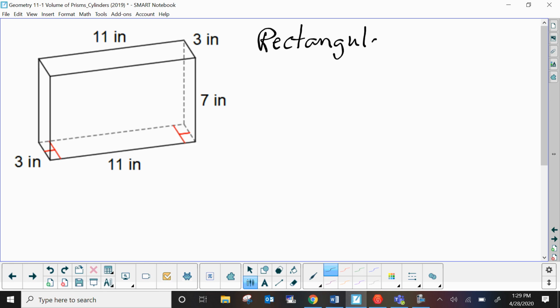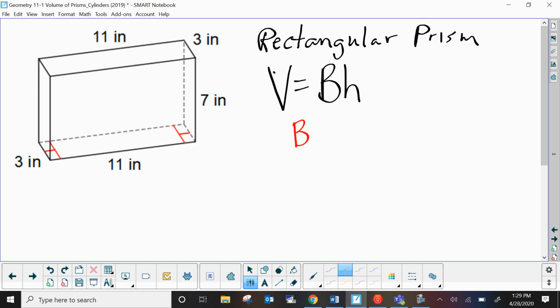So pause this and go ahead and draw the picture before we get moving on it. Once you're done drawing the picture, go ahead and start the video back up. All right. So volume, capital B times H. Again, remember the capital B represents the area of the base.